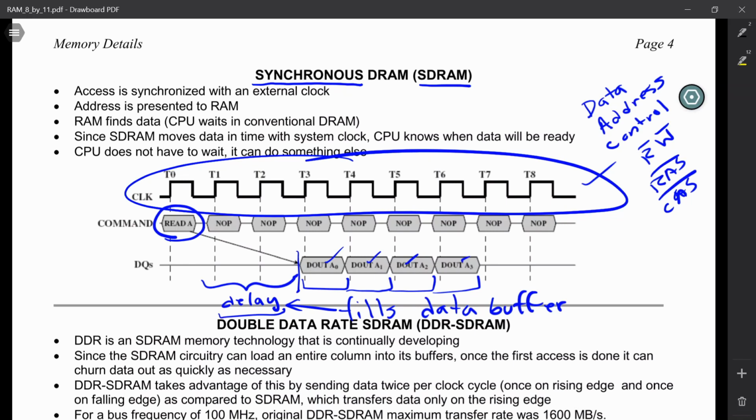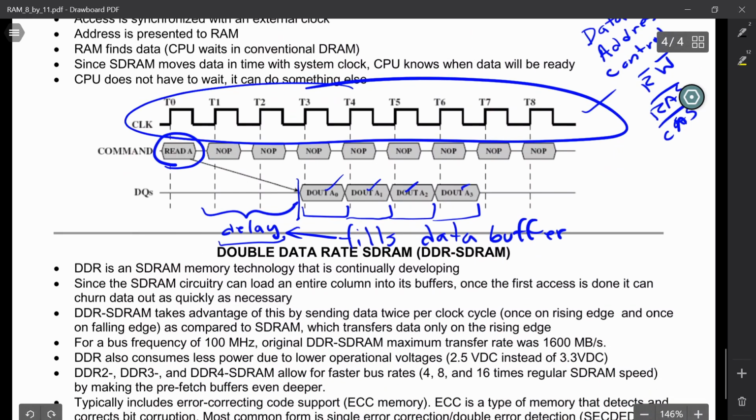Now, after a while, the memory technology improved so that we were able to give this data back to the processor a little bit quicker. So the rate at which we could send data back increased, so that instead of sending just 1 piece of data per clock cycle, we were able to send 2 pieces of data back per clock cycle.